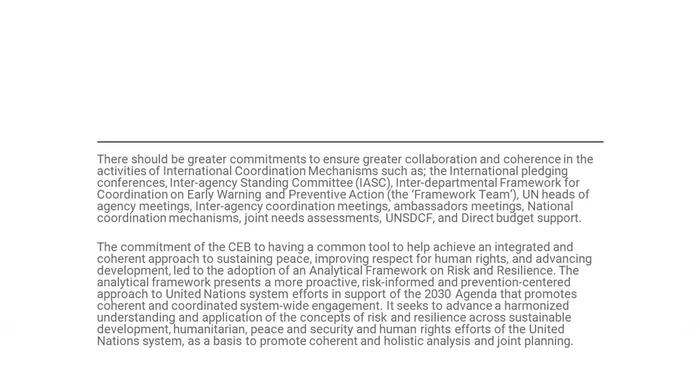It seeks to advance a harmonized understanding and application of the concepts of risk and resilience across sustainable development, humanitarian, peace and security, and human rights efforts of the United Nations system as a basis to promote coherent and holistic analysis and joint planning.